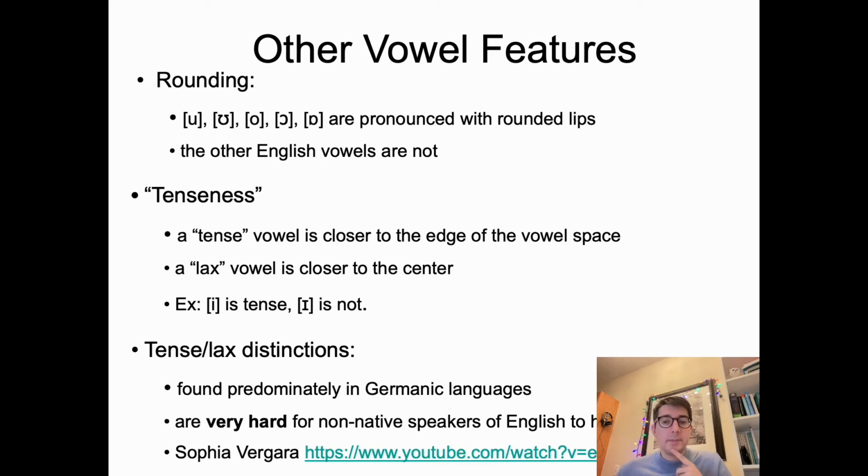Okay, tense and lax vowels are predominantly found in Germanic languages, and they're not found in other world languages. So it's a feature that is characteristic of Germanic languages, for different historical reasons, and they're very hard for non-native speakers of English to hear and therefore produce.